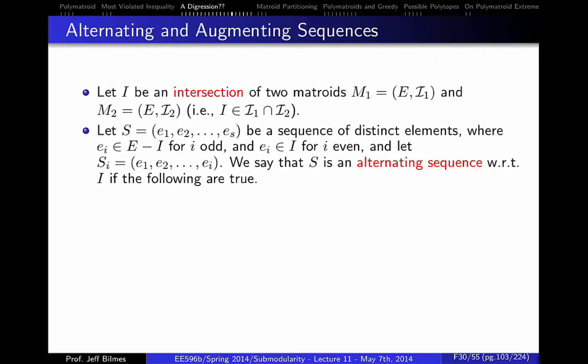And so we define this set S, which is a sequence of distinct elements, where if i is odd, we're a member of the independent set, and if i is even, we're not a member of the independent set. Or rather, we're not a member if i is odd, and we are a member if i is even.